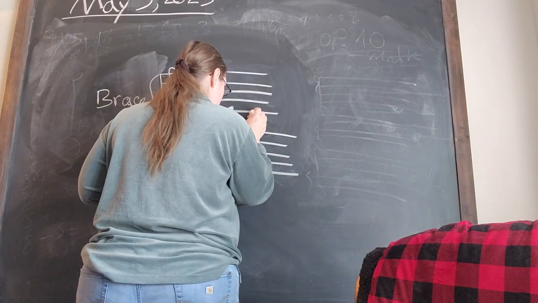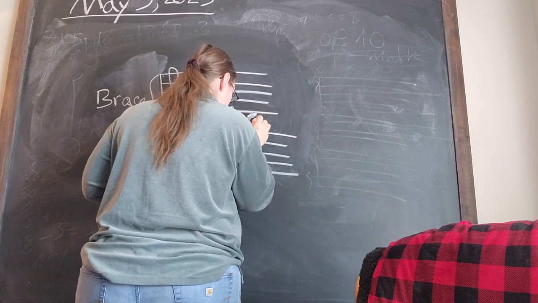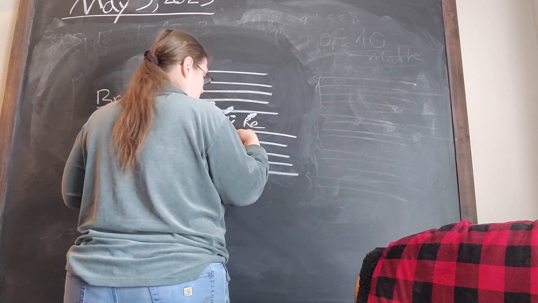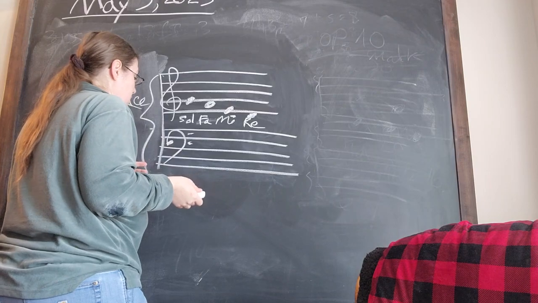After mi, we have re, and again, this is D in the alphabetic system.